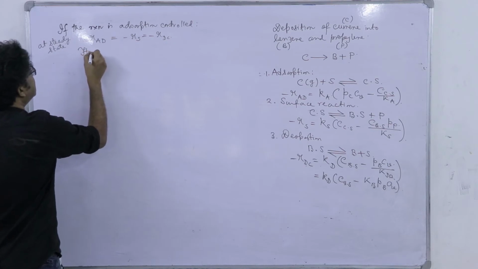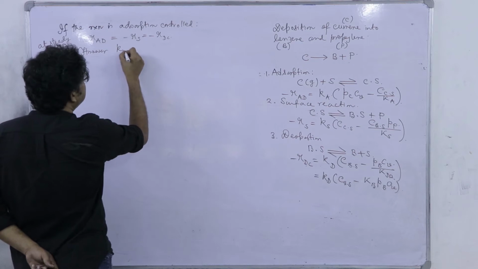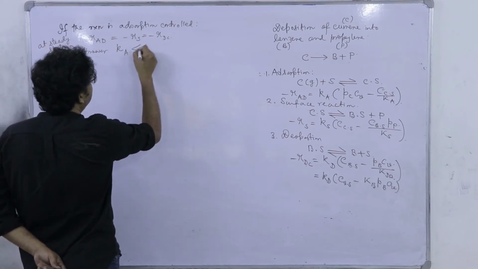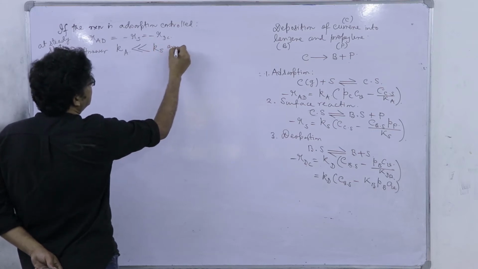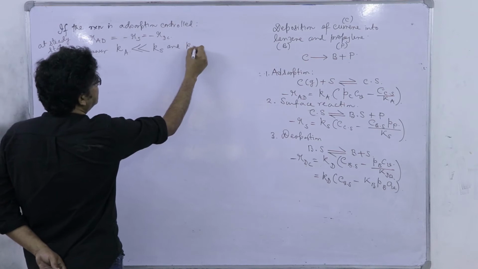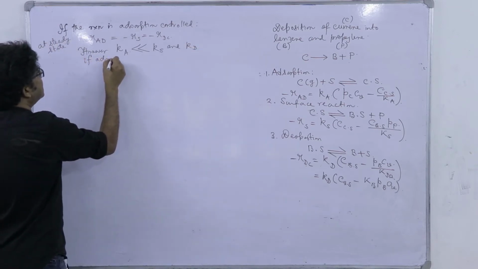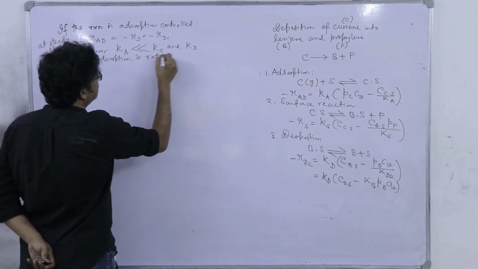However, Ka, the forward rate constant for adsorption, is much less than Ks and Kd if adsorption is rate limiting.